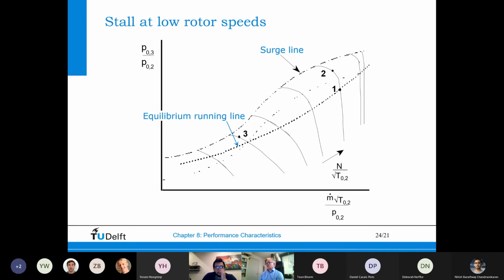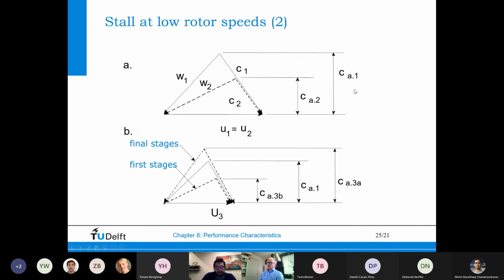civil turbofan engine operation. Here you see the compressor map again. Here you see stall at low rotor speeds. This is important. Usually I do a drawing on the blackboard here, but I cannot do that now. But you must imagine that the compressor is designed for a specific design point, which means a particular pressure ratio.